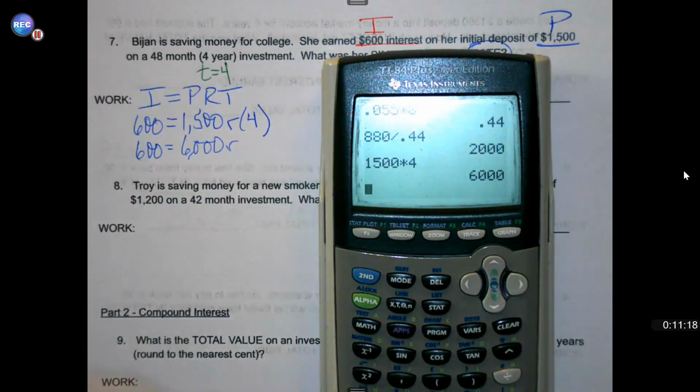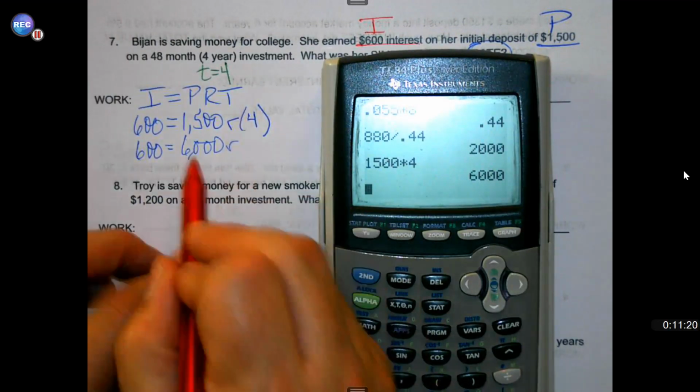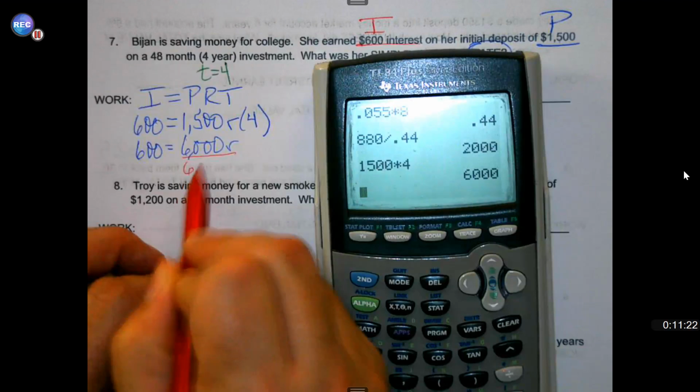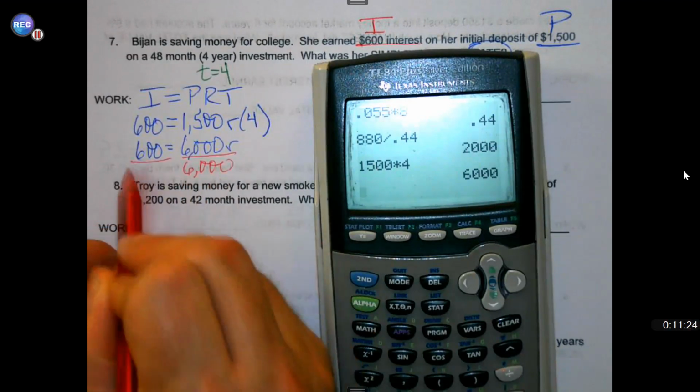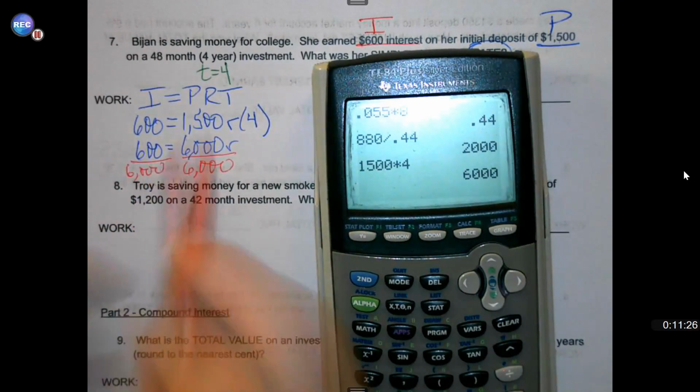And just like number 5, whatever's with my variable is what I'm going to divide by.